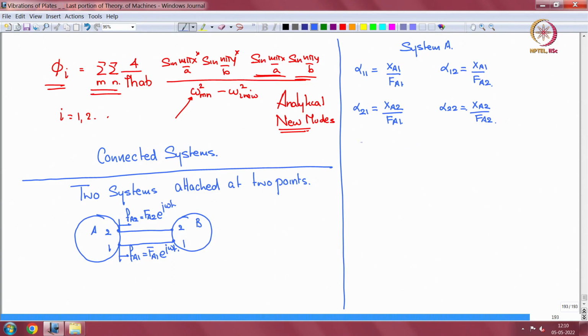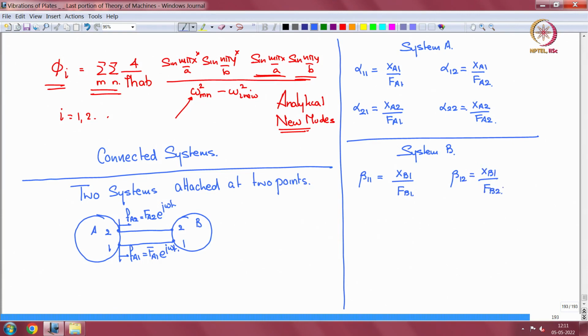Similarly, for system B, what do we have? We have beta 11 as XB1 by FB1, and beta 12 is equal to XB1 by FB2, response at 1 by harmonic force at 2.